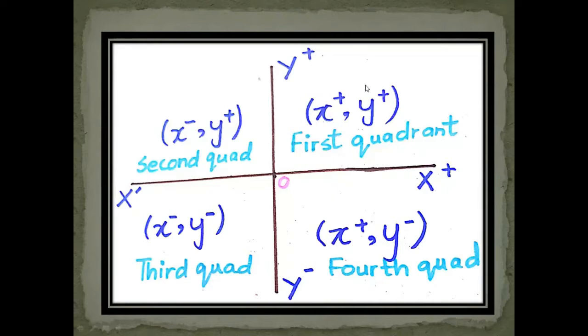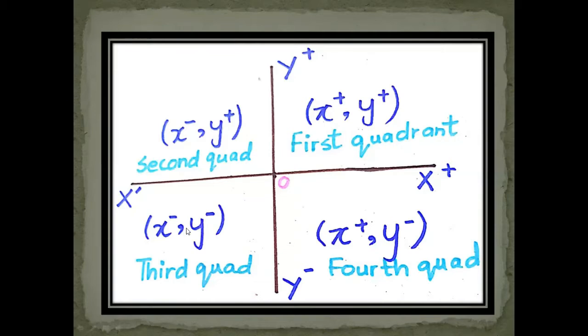How will you write the ordered pair of the first quadrant? x positive, y also positive. Any ordered pair in which both components are positive belongs to the first quadrant. Now come towards this quadrant. Here x is negative, y is positive, so the ordered pair belongs to the second quadrant.